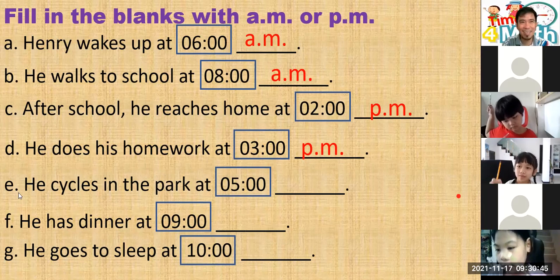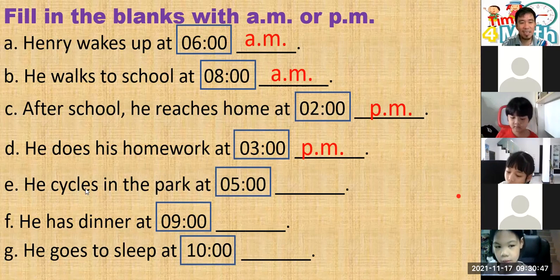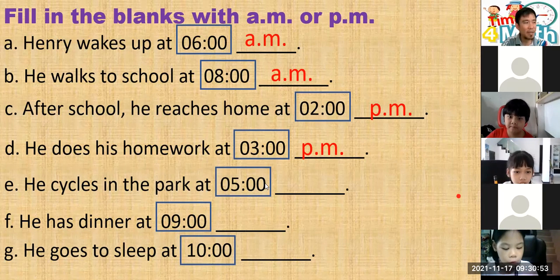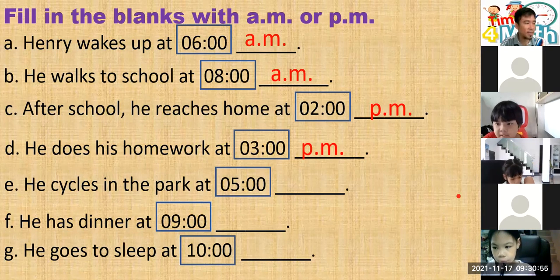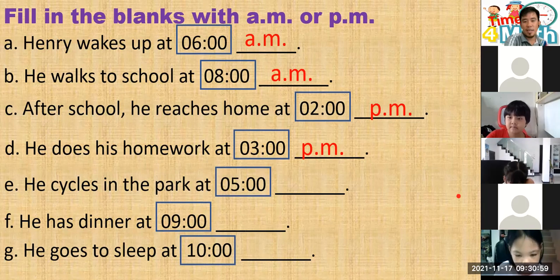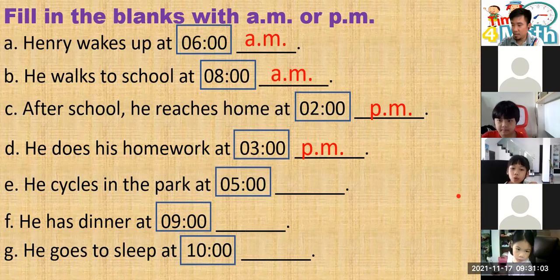Okay, now letter E. He cycles in the park at 5 p.m. p.m. The number of your class. When?